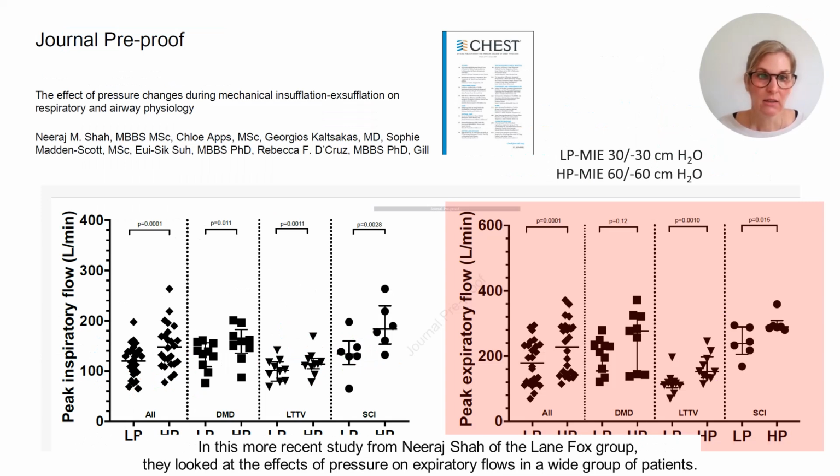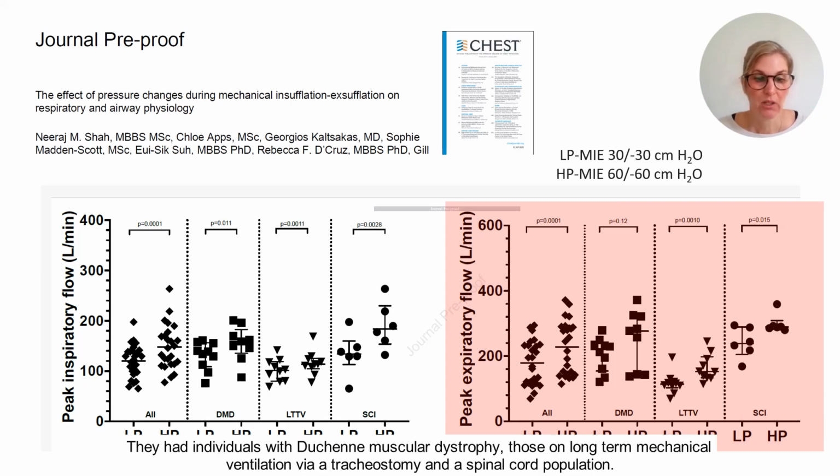In this more recent study from Niraj Shah of the Lane Fox group, they looked at the effects of pressure on expiratory flows in a wide group of patients. They had individuals with Duchenne muscular dystrophy, those on long-term mechanical ventilation via a tracheostomy, and a spinal cord population.